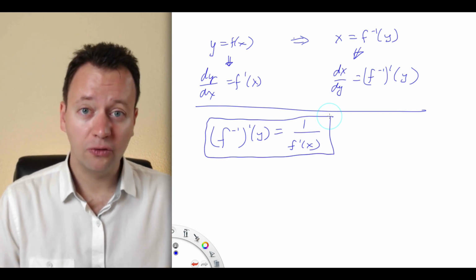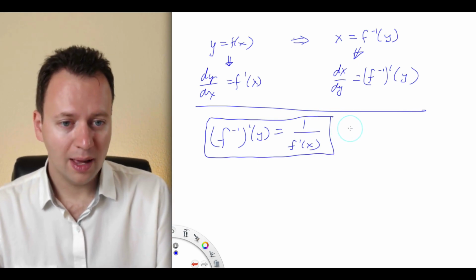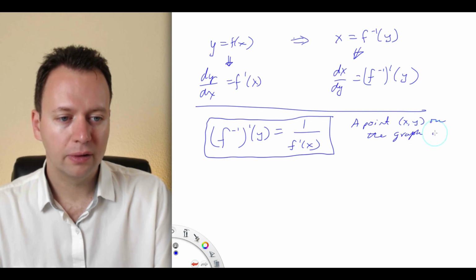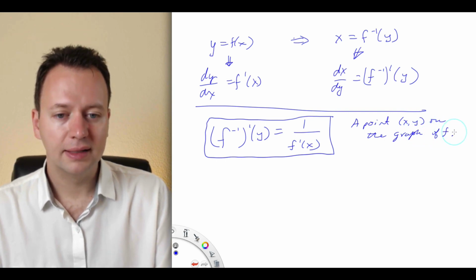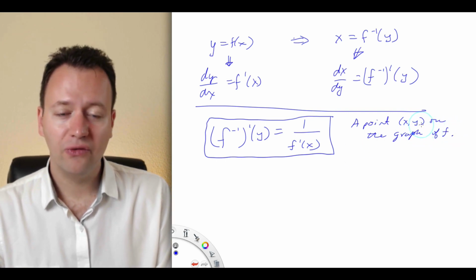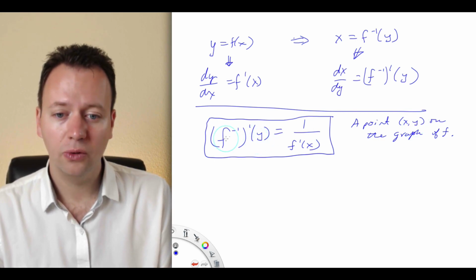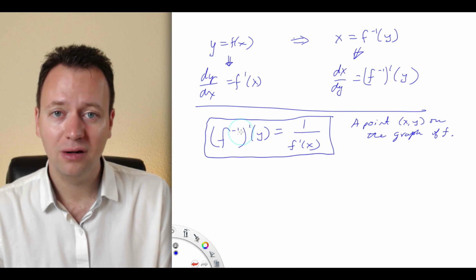That is a valid formula, and it's valid for a point (x, y) on the graph of f. That is, the output value y needs to be plugged into the function f inverse prime, and then the input value x is plugged into the function f prime.